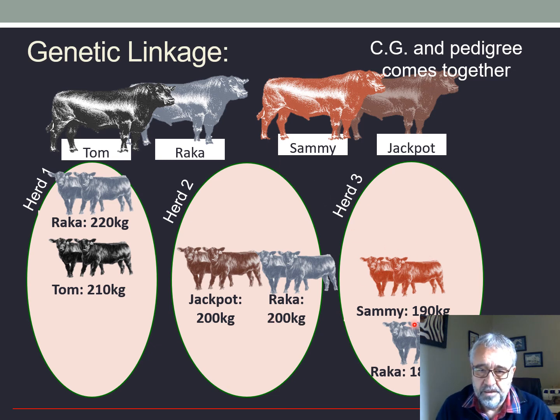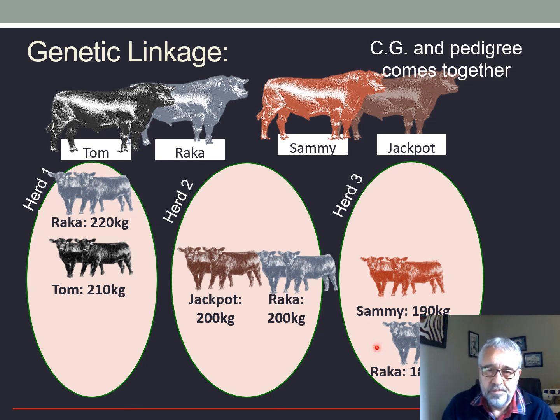There's Sammy, on average 190 kilos, and Raka 180. Sorry, you can't see it so well, but 180 kilos. So in this instance, Sammy was genetically superior to Raka by 10 kilograms in terms of the progeny performance.